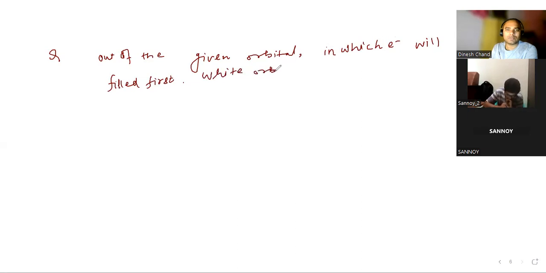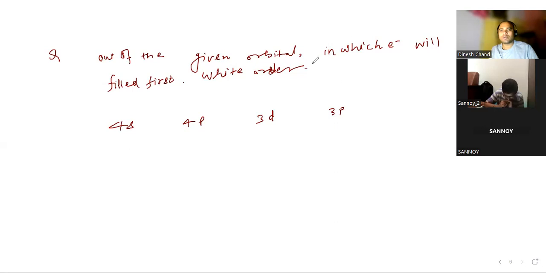So what are there? 4s is there, then 4p, then we have 3d, and the next one is 3p as well. Okay, these many are there. We have to see in which the electron will fill first.